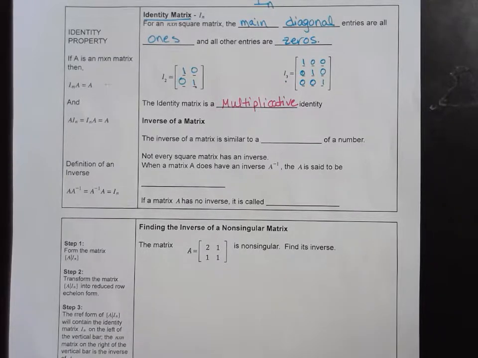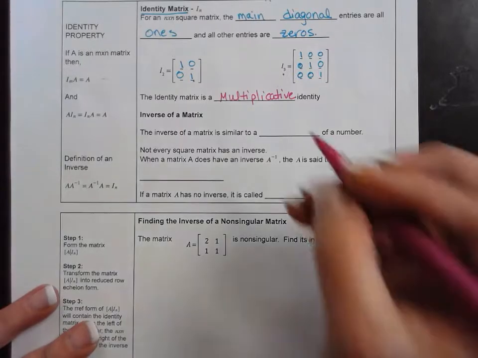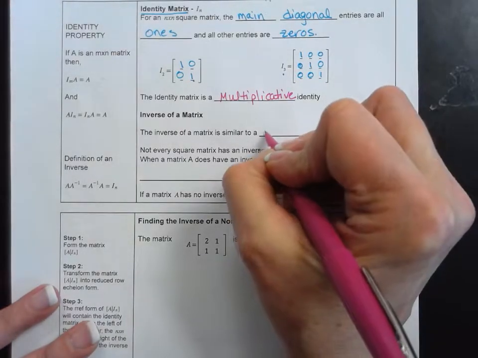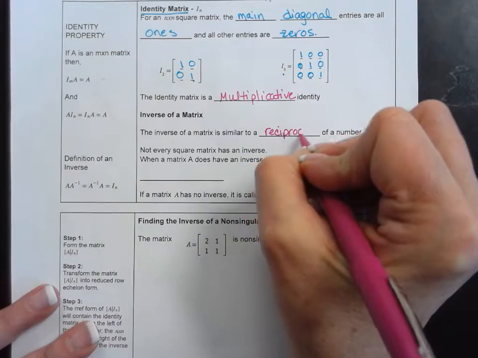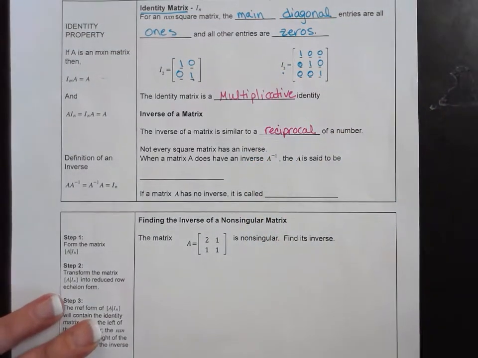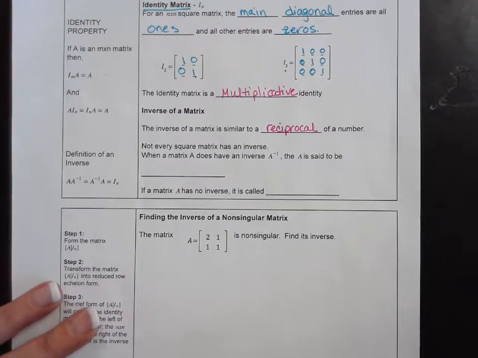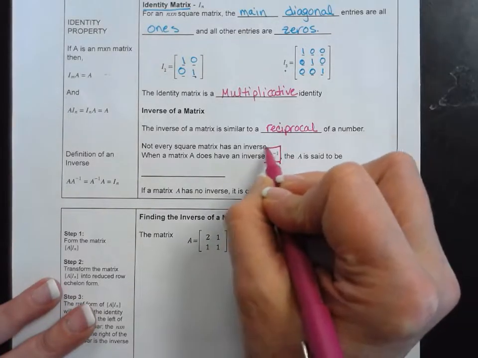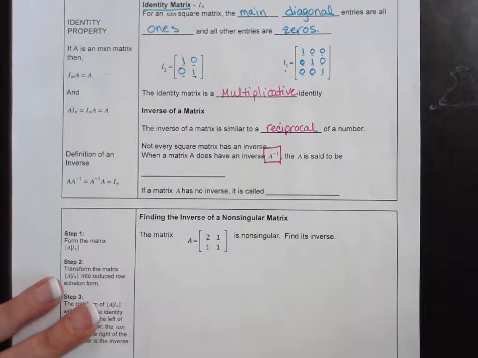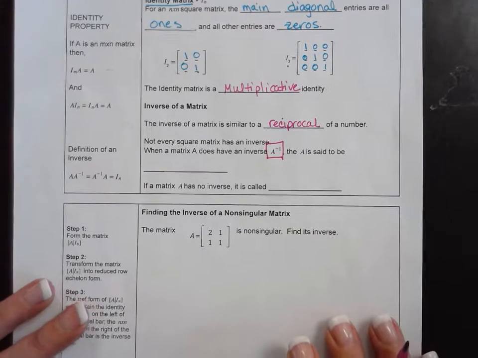All right. The inverse of a matrix is similar to a reciprocal for your number. And we use this as the symbol, just like you do for your real number system.